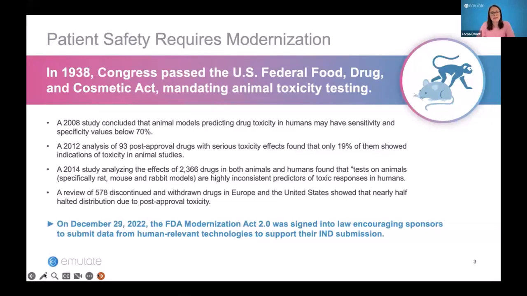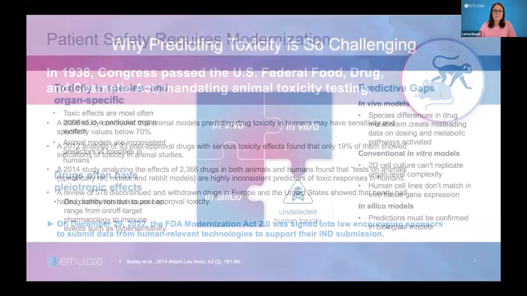This was signed into law on December 29th last year by President Biden. And this now encourages users in the pharmaceutical industry to consider non-animal alternatives as they progress their candidate submission through the IND process. So this is quite a landmark, actually, for people like myself working in the organ-on-a-chip field.